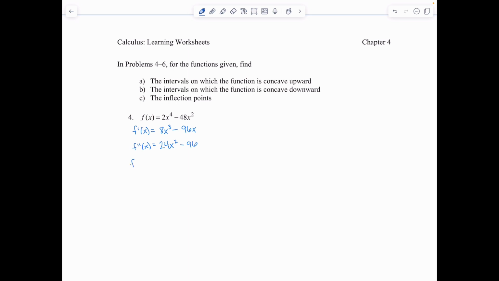Now we set this equal to 0 to find our inflection points. So we've got 24x squared equals 96. X squared equals 4. And so x is going to be positive or negative 2.